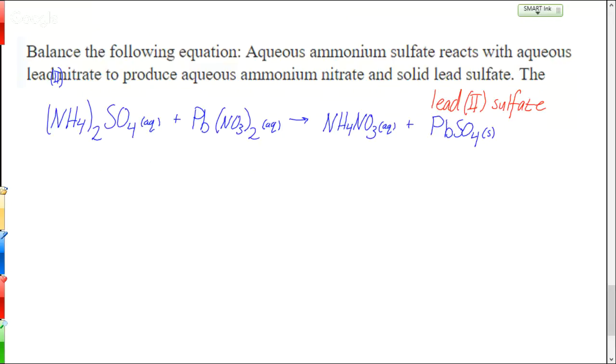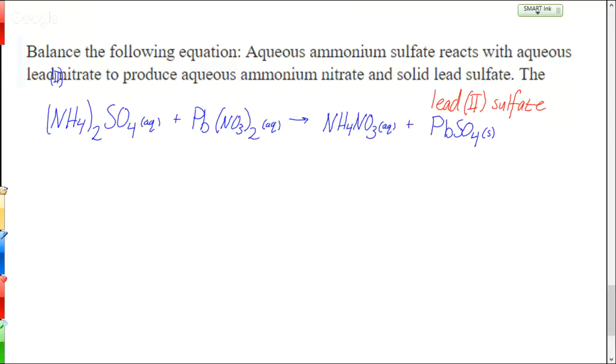One way that you can balance this more easily is recognizing that the polyatomic ions stay together throughout the equation. In other words, the sulfate on the left stays sulfate on the right. It just changes what it's paired with. So that can be helpful in balancing because we can balance them as whole ions.